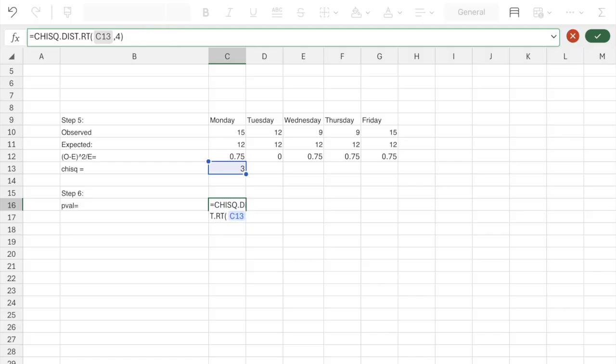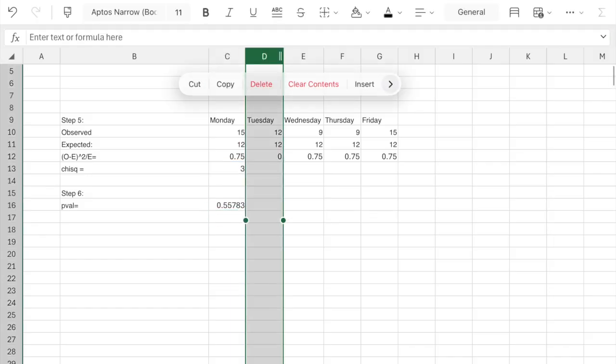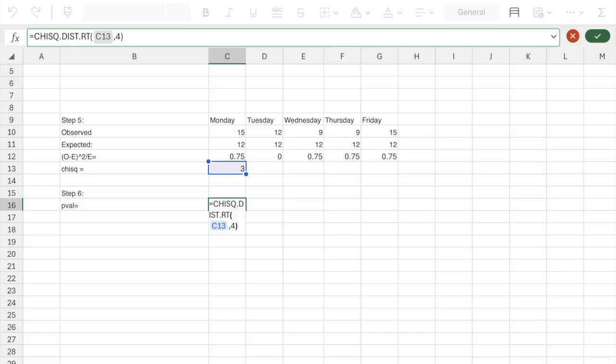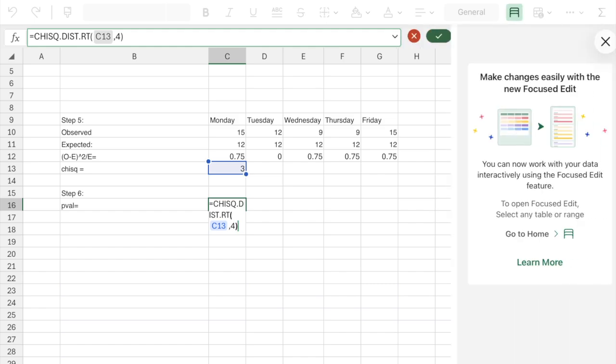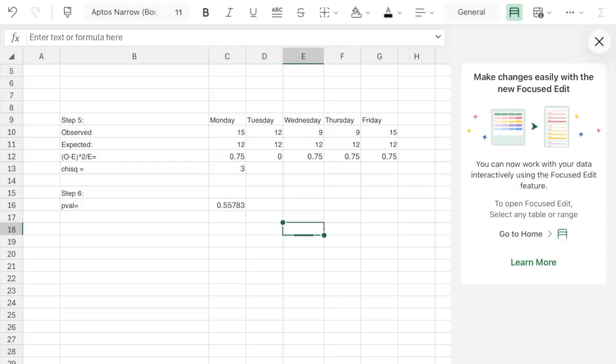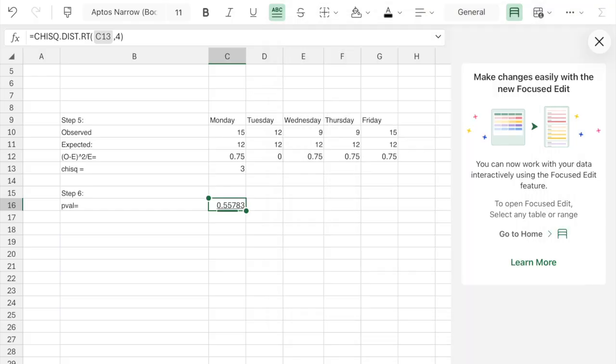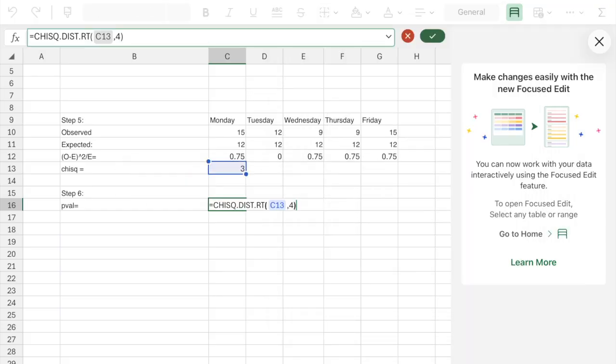Let's see now, why is it not? Well, anyway, enter. Okay, looks like it's got this weird word wrap. Let's see, home, there. Text wrap. There we go.